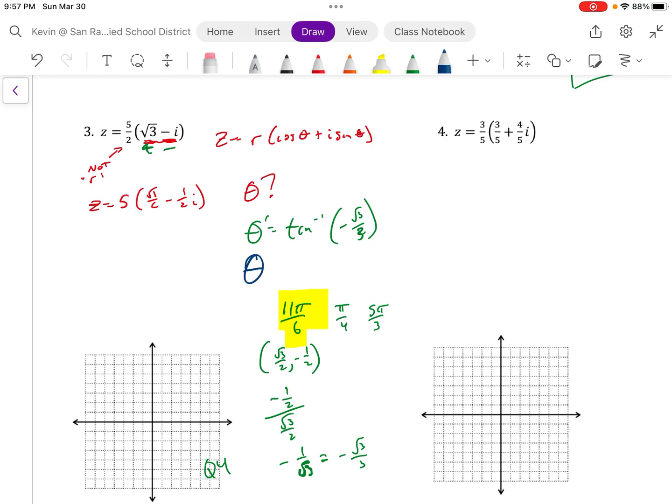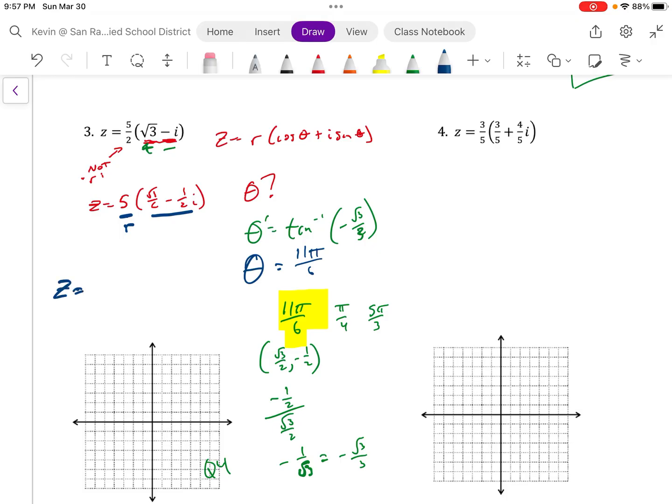So theta here. And no, I'm not using a calculator, because this is all on the unit circle. So theta equals 11 pi over 6. And R equals 5, because remember we took that out here.